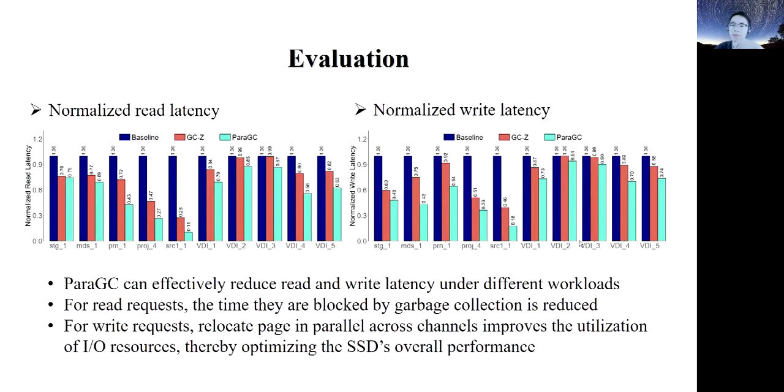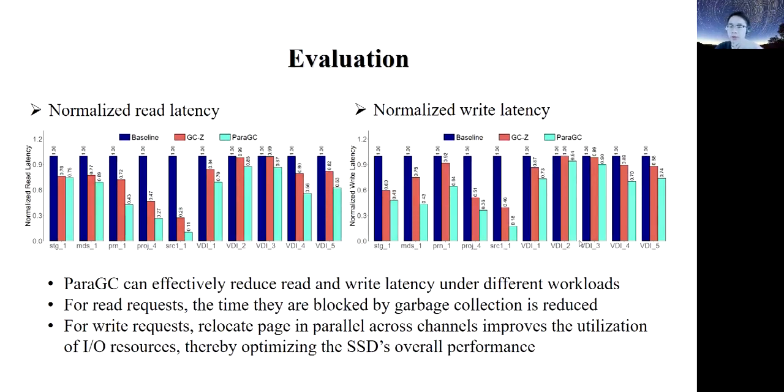We found parallelism can effectively reduce read and write latency on different workloads. This is because baseline simply performs the relocation within a single channel, so in theory this suspends the incoming read requests. Though GCD dispatches the relocated data across channels, it still does not well coordinate the execution of the read requests and data relocation, thereby introducing significant interference.